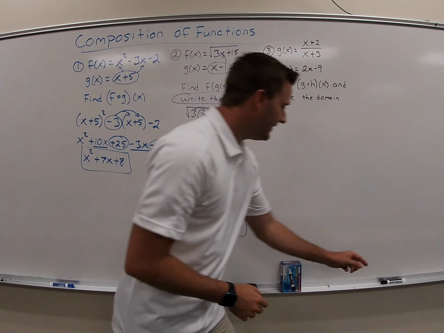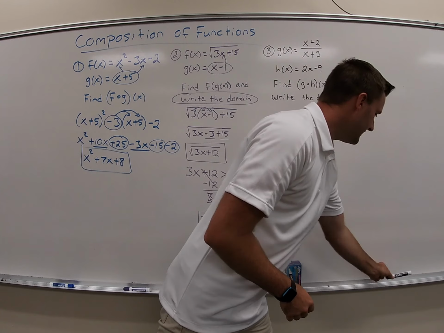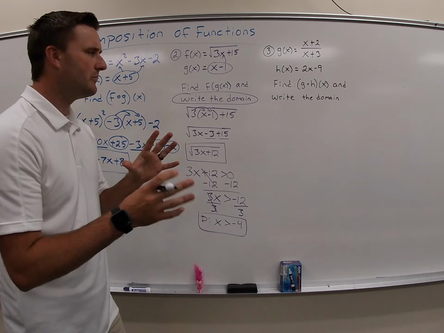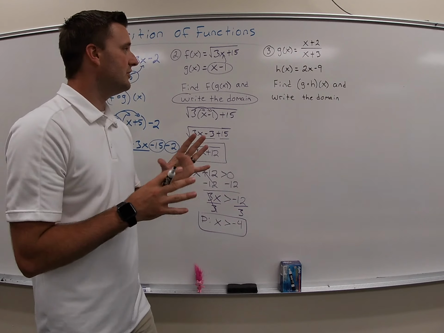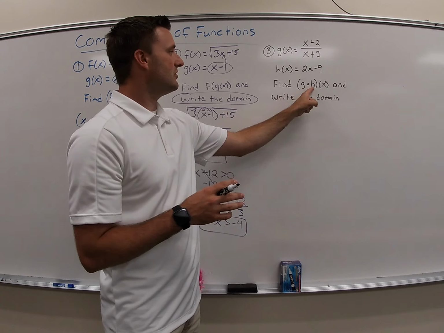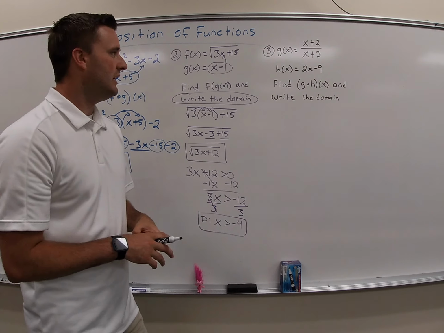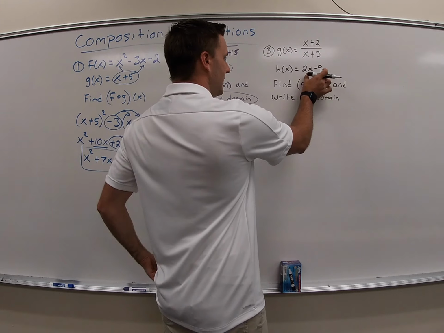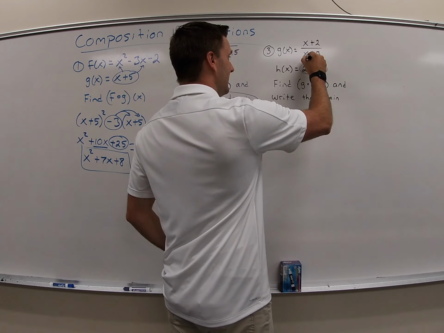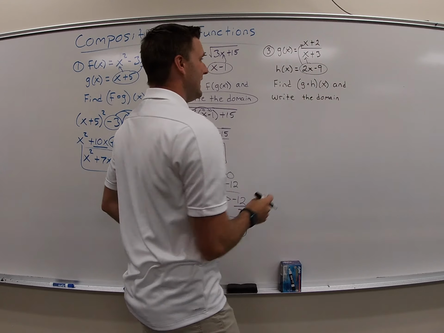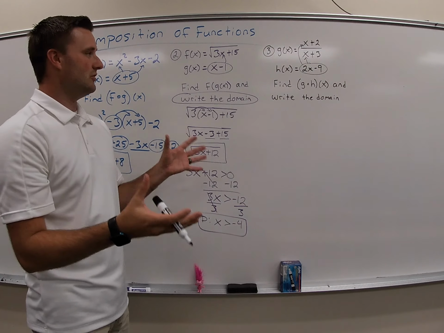We're going to have a little bit of a different type of situation here with our third problem. So now we're using different function names, but we have g of x and h of x. And what we want to do is find g of h of x. So our input, our innermost function, is 2x minus 9. And again, I have two places that I'm going to substitute that into our outermost function, g of x.